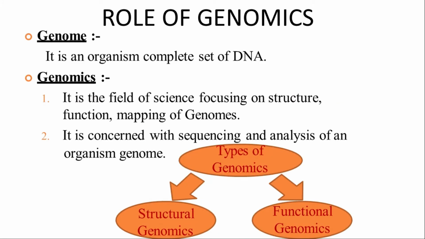First, the role of genomics. First of all, we must know what a genome is. It is an organism's complete set of DNA. This is the genome. A complete set of DNA is called the genome, and we can try to read the genome.